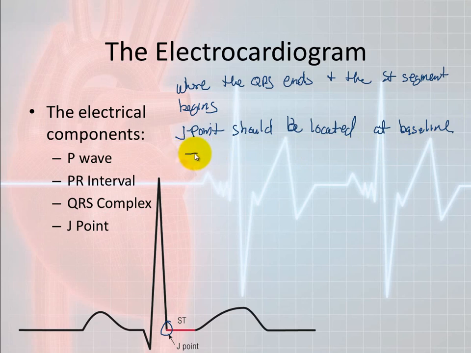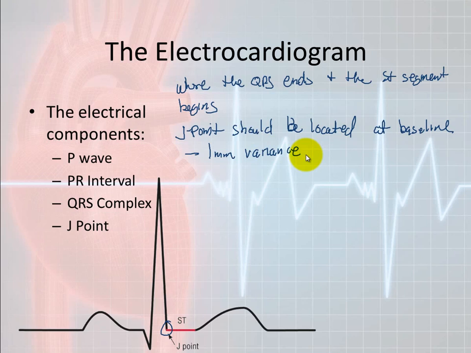Although there is literature out there that says that there's a 1 millimeter variance, which basically means the J point can be about 1 millimeter high or 1 millimeter low, and it's considered a normal variant. It's not any problem, it's just, for some reason, 1 millimeter off.